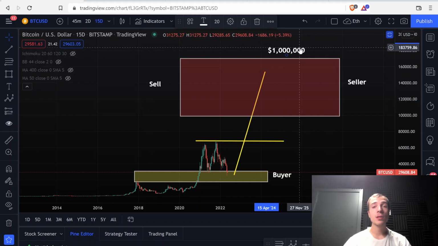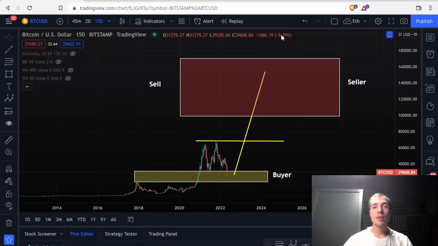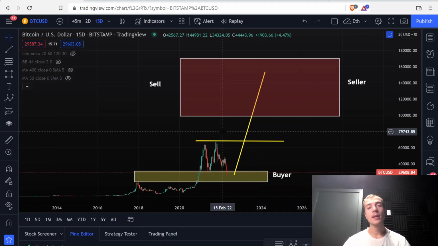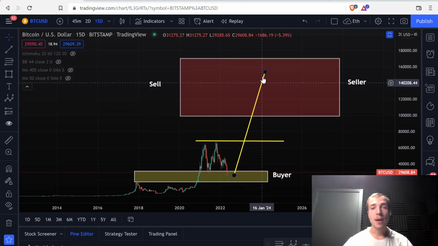Could Bitcoin go to $1 million per coin someday? Anything's possible through a few different market cycles, but in this cycle, will I be taking profits at $1 million per coin? No. In my opinion, we're going to go into price discovery.